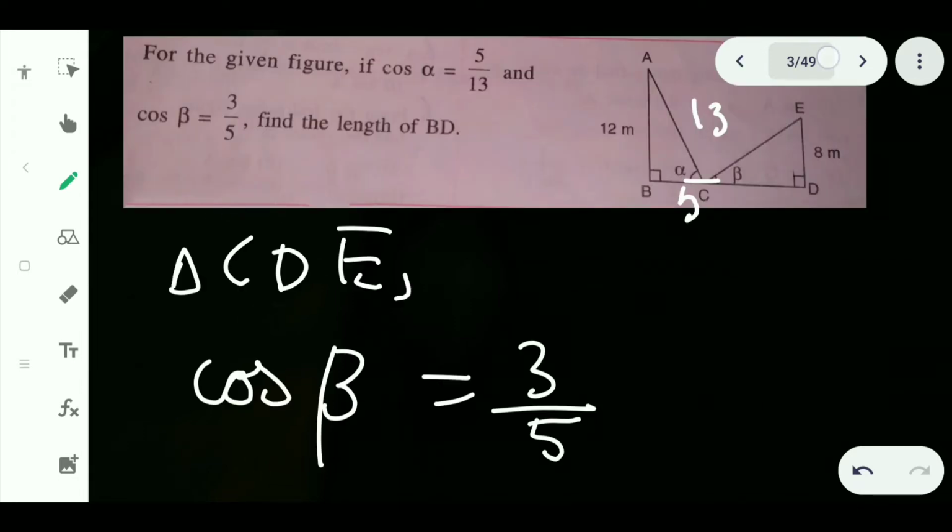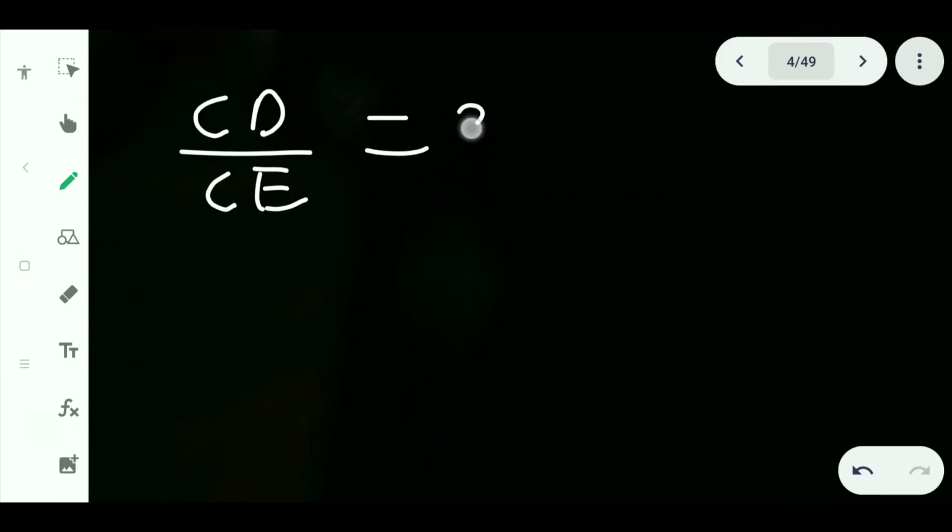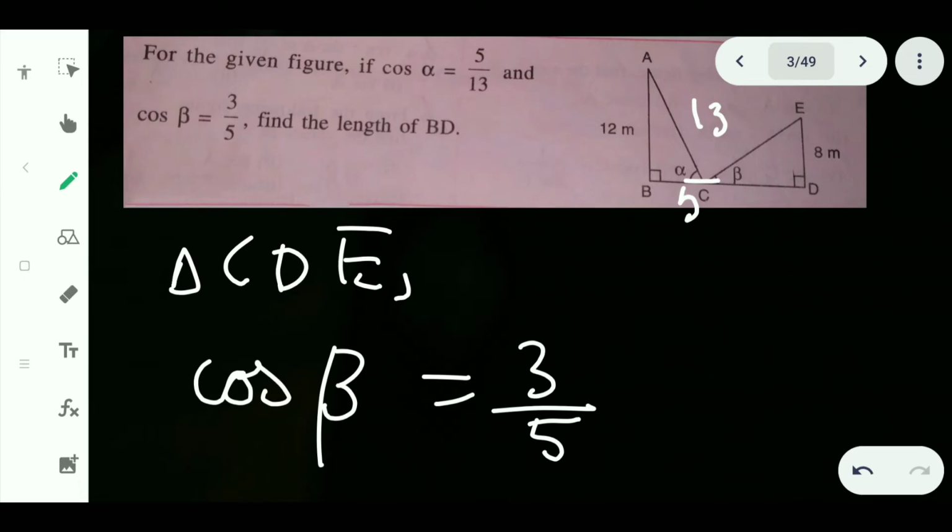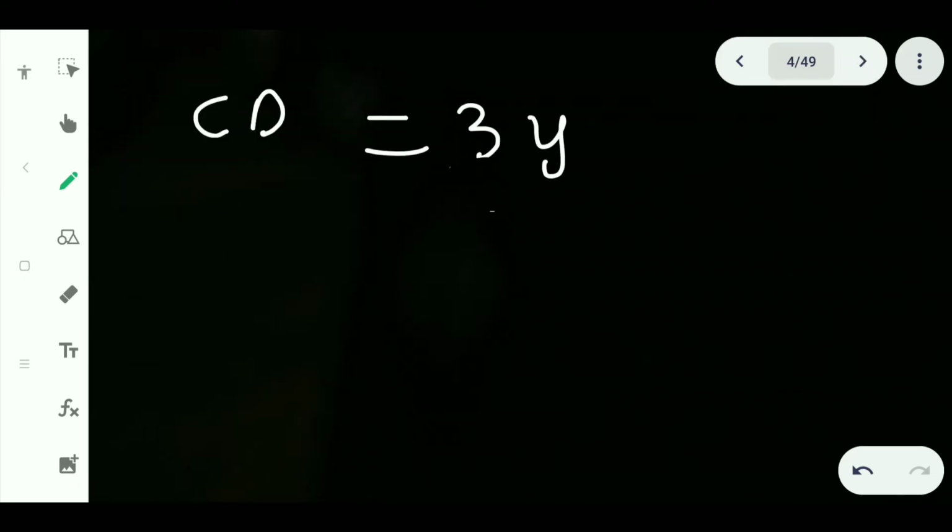CD by CE is equal to 3 divided by 5. Now you can take CD as 3y, because you already took ratio constant x, and CE is equal to 5y.